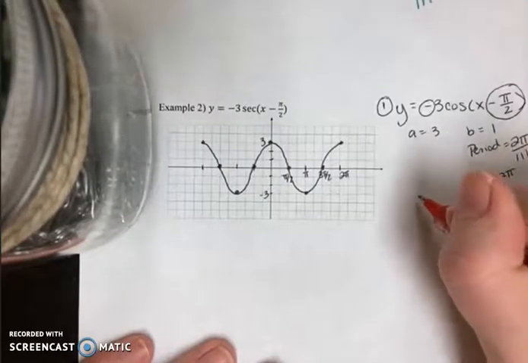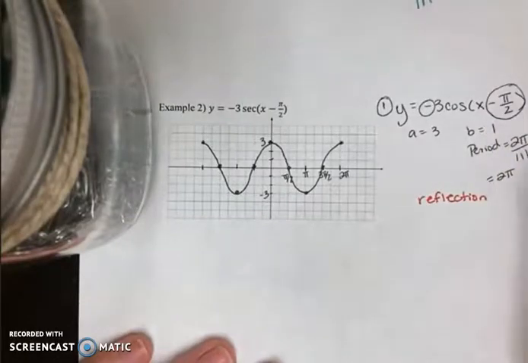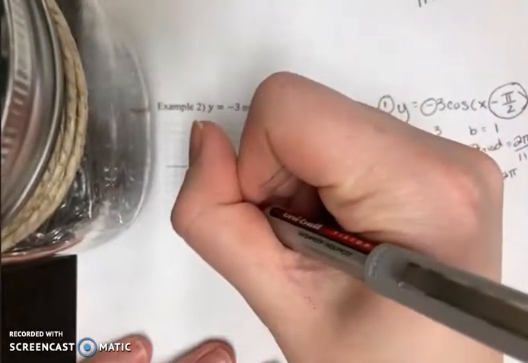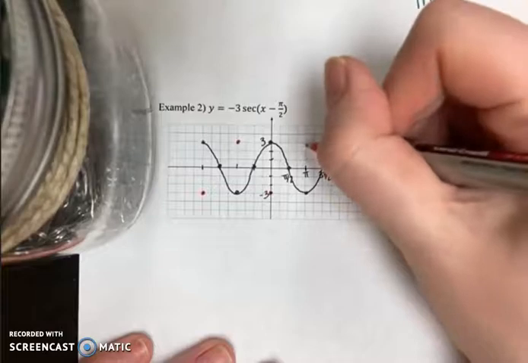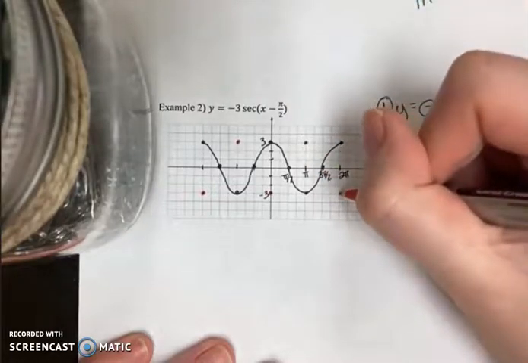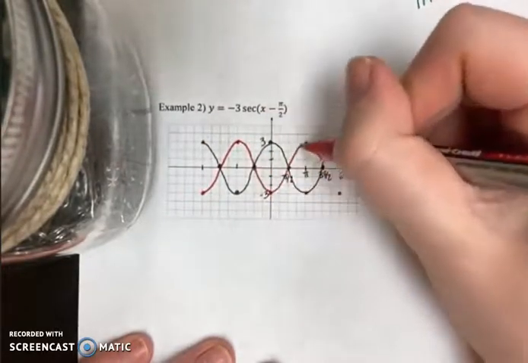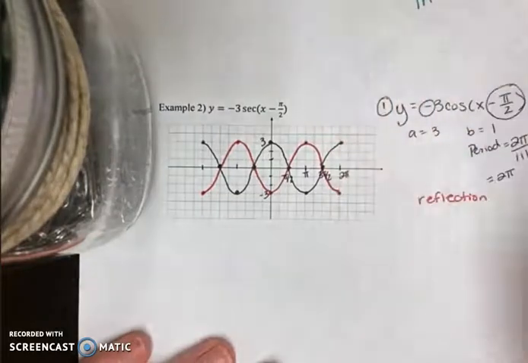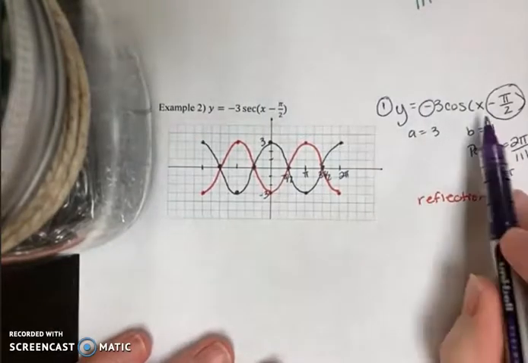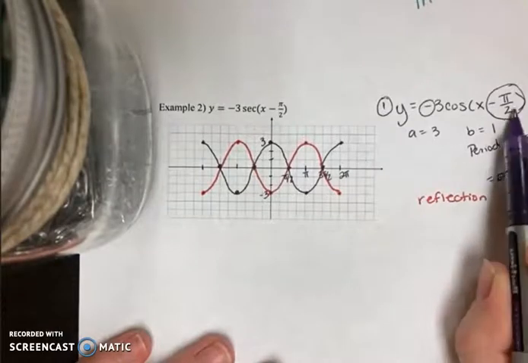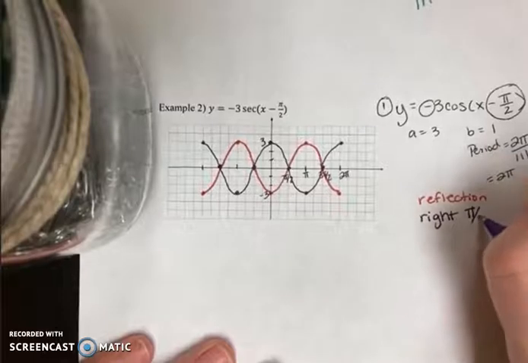Now we need to go ahead and do a reflection as well as apply the h value. I would do the reflection first, which is what I am doing now. And once you've done the reflection, you are then able to apply the h value. Now the h value is in the form x minus h. So I'm subtracting a positive pi over 2, meaning I need to move right pi over 2.